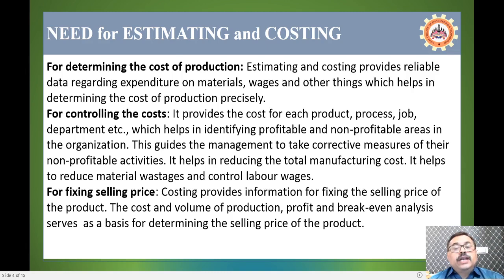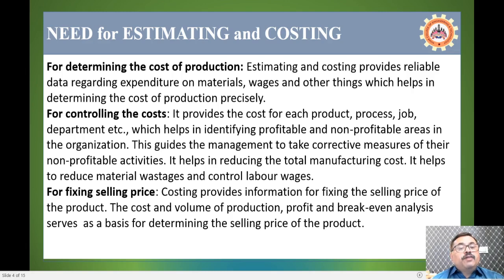This helps reduce the manufacturing cost. It helps to reduce the material wastage and control labor wages, because these two things are very important in industries. If you can control these two things in the organization, definitely the organization can see the profit.